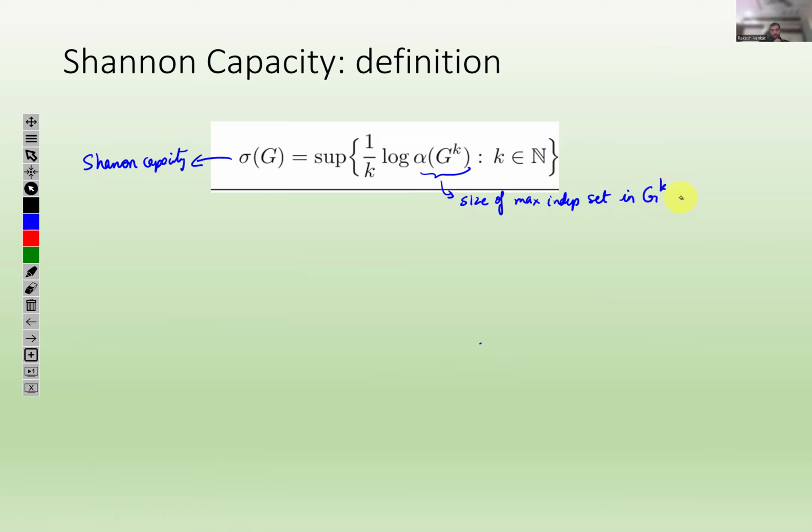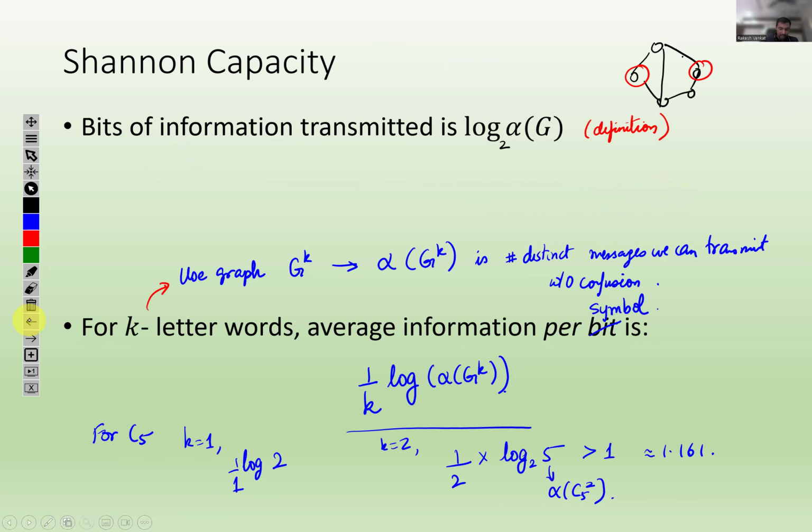Sir, what is the motivation behind this definition? Yeah, the motivation is exactly this. I allow you to use the channel multiple times for a single message, like in C5 squared, where you're using the channel twice to transmit a single message. But now what I'm going to count is not the total information possibly transmitted without confusion, but the total information per channel use, or per symbol of transmission.